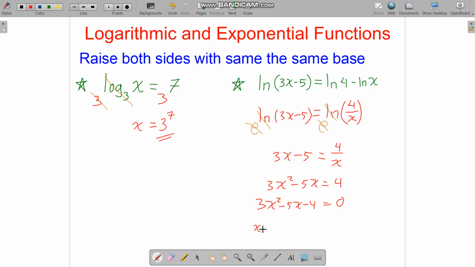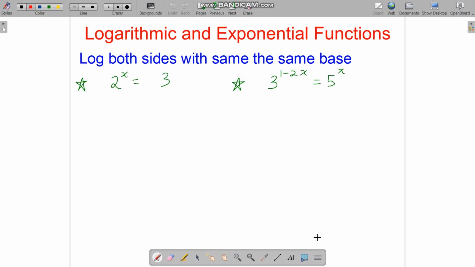The x is therefore 5 plus minus square root of b squared, so 25 plus 4 times 4 times 3, 16 times 3, 48, 25 plus 48, 73, all over 2 times 3, 6.